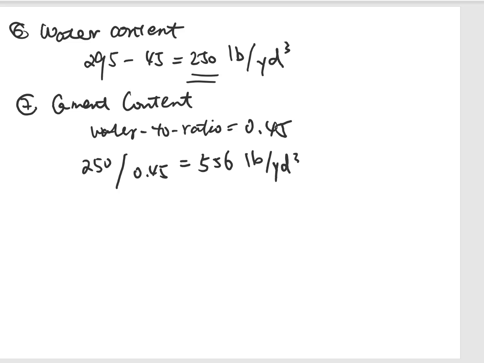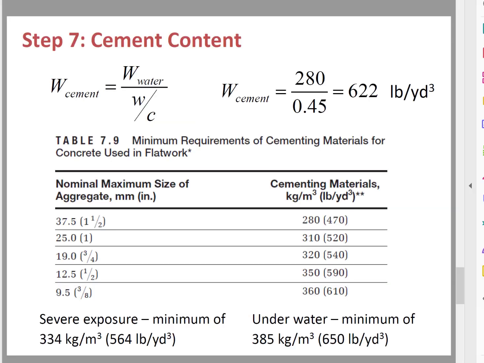So this is the cement content, and we need to check if we satisfy the exposure condition. So when there is severe exposure, the minimum amount of cement is 564 pounds per cubic yard of concrete.